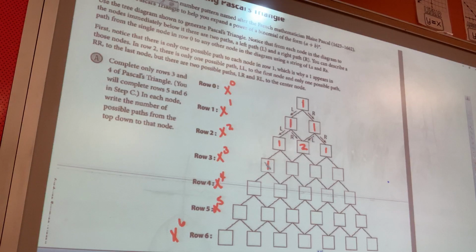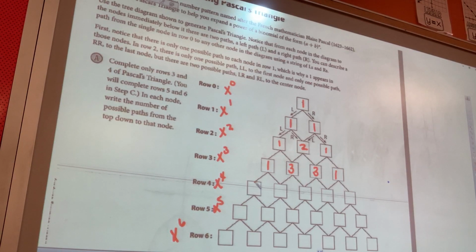That can only go left one way. But what do you get here? And you are adding these together, just like you added here to get this. You're adding what? 1 and 1, and you get 2. Now we're going to add 1 and 2, and we get 3. Here, you're going to add 2 and 1 and get 3. And then we're just going to have 1 there.